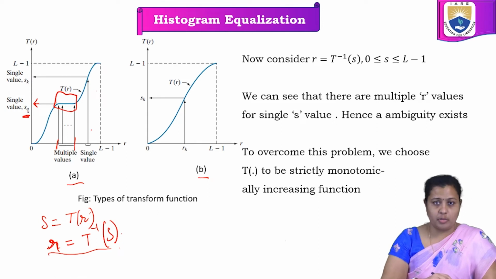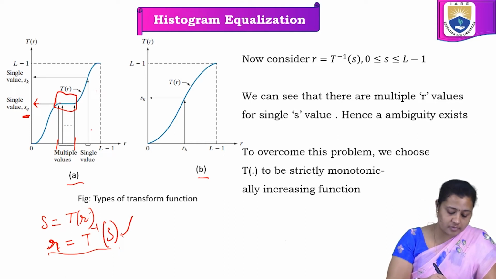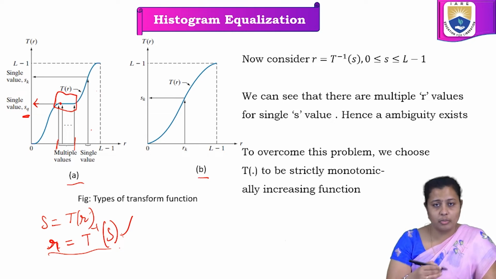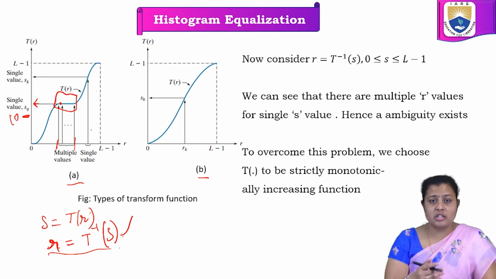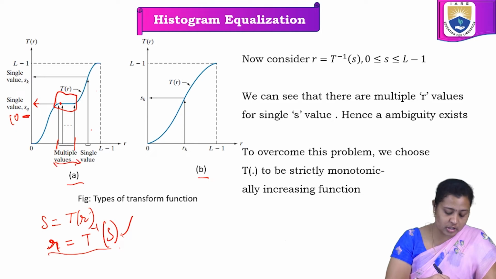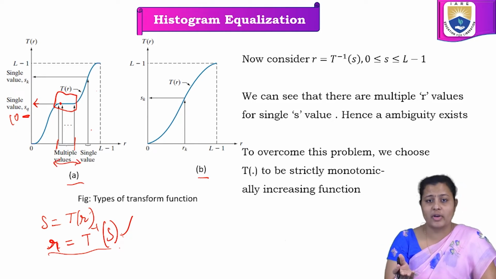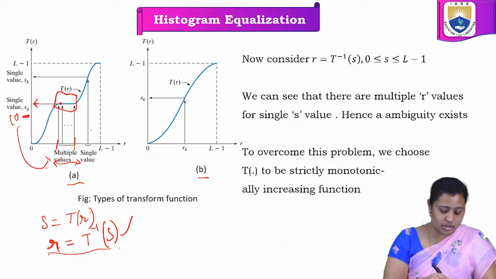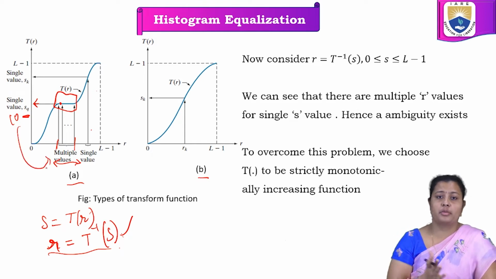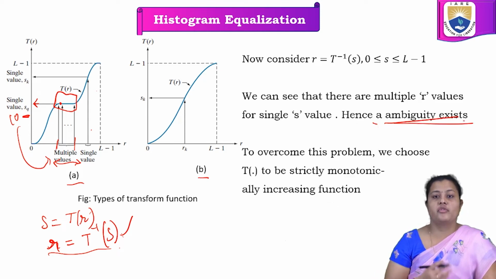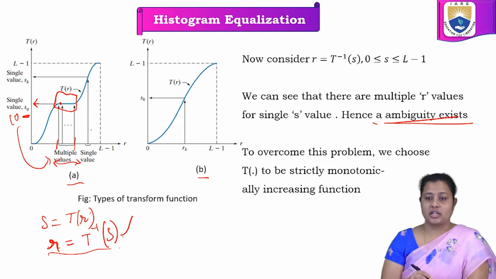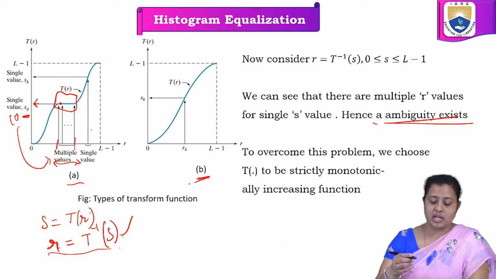Now, from SQ, when I'm trying to calculate back my original image using this equation, say SQ has a value of 10, this 10 is mapped to which range of R? What is the actual value of R? We are not able to differentiate because we have multiple R's mapped to a single value, which creates an ambiguity.